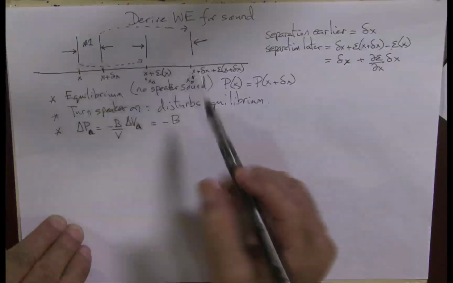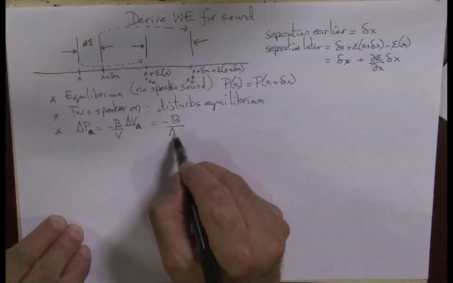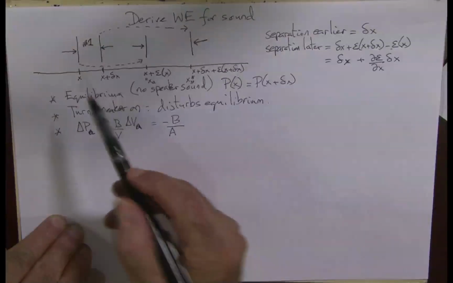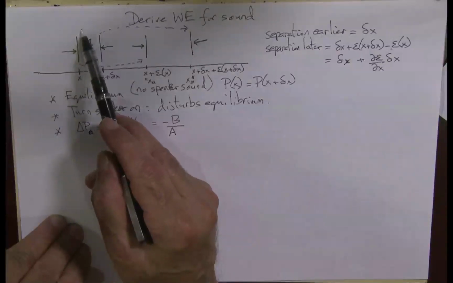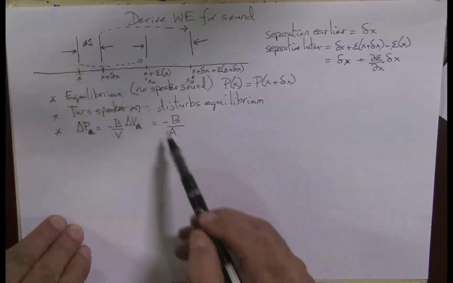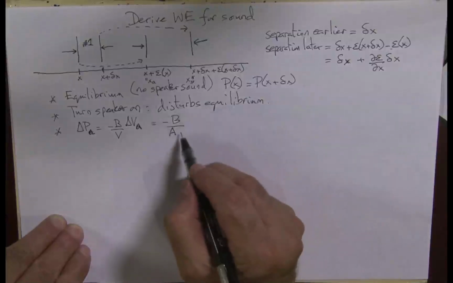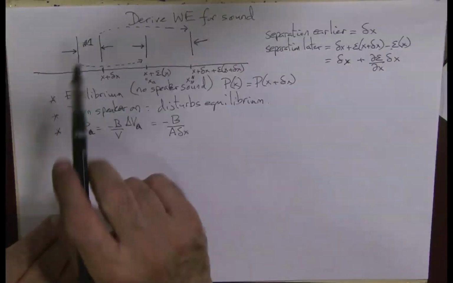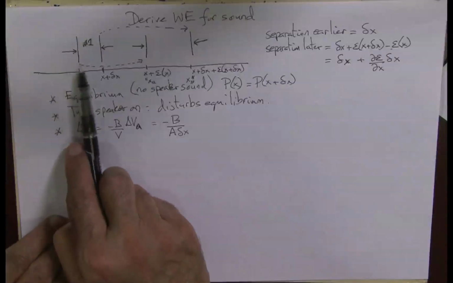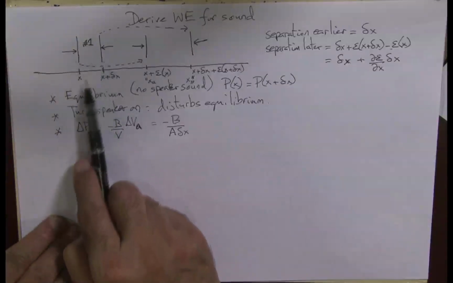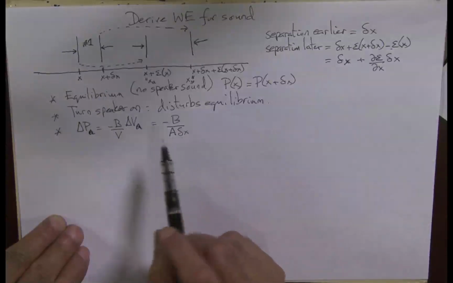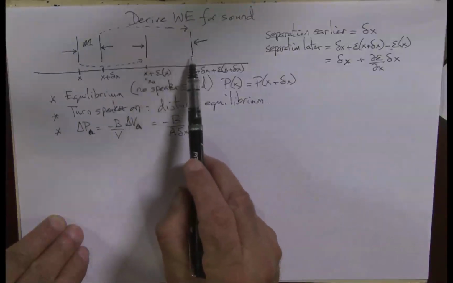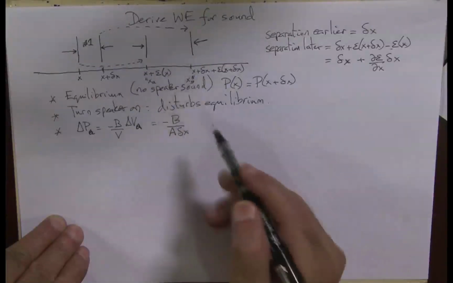And this volume over here will be the cross-sectional area A multiplied by the distance. So think of this as two plates of area A separated by distance delta x. So the volume is A delta x. And of course, this will be very close to that, although not exactly.